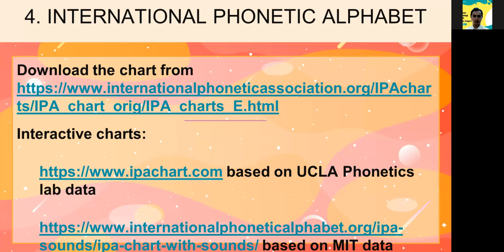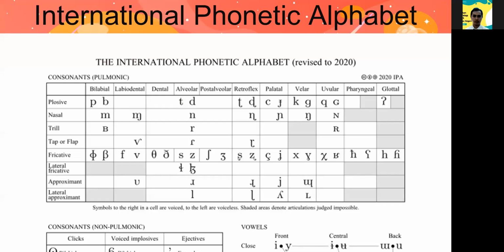And the last part is the International Phonetic Alphabet. This is basically the chart of consonants as well as vowels and other sounds which we produce, which is maintained and always revised by the International Phonetic Association.